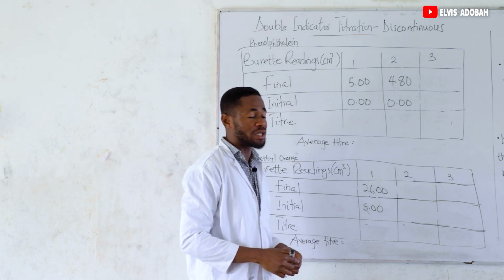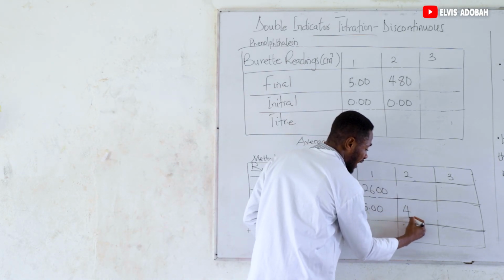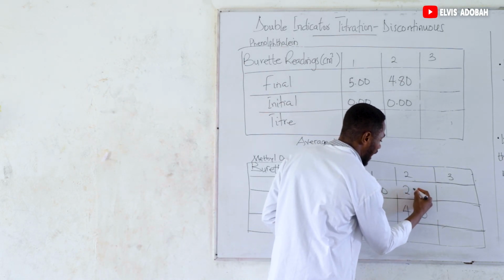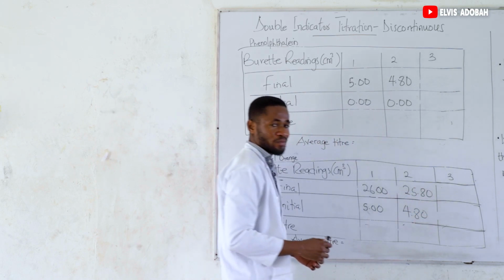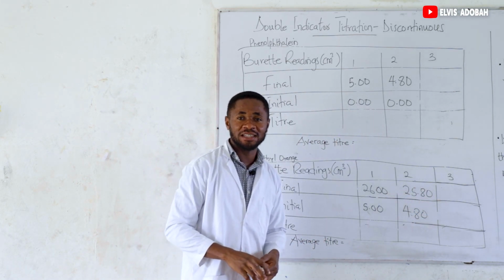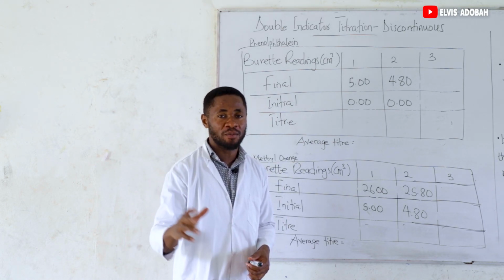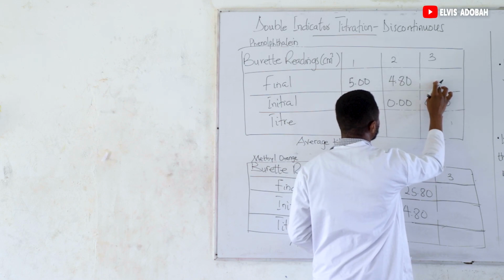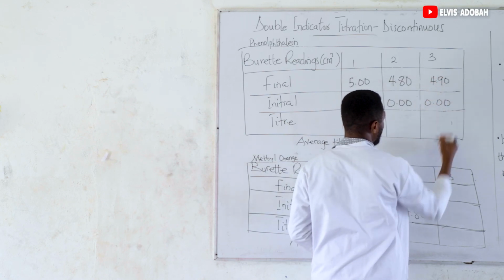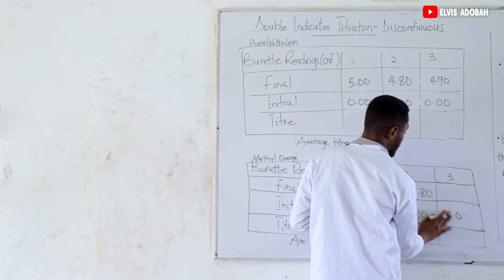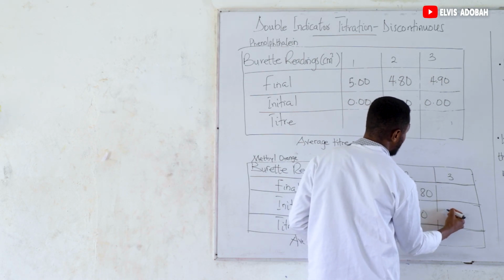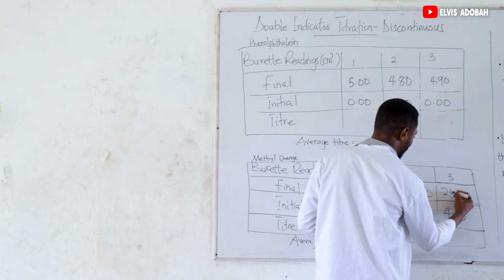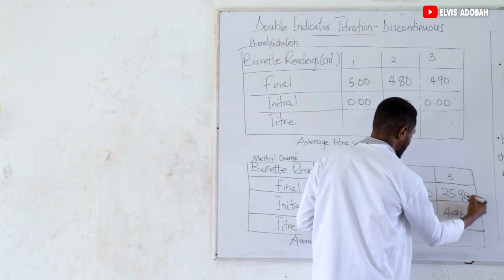In the fourth titration, we started with 4.80 and ended at 25.80. The fifth and the sixth titrations were done off camera, and we realized these values. For the phenolphthalein titration, we had 4.90, and for the methyl orange titration, we started at 4.90, and we ended up at 25.90.